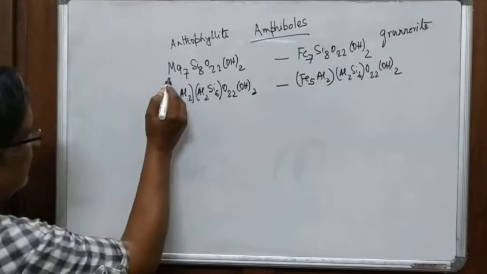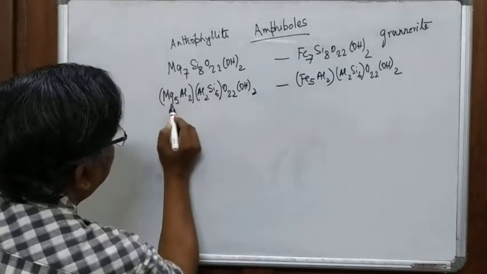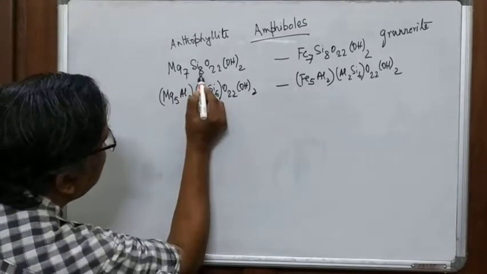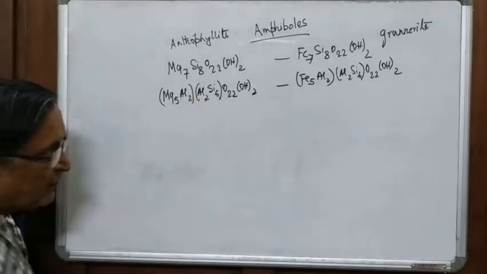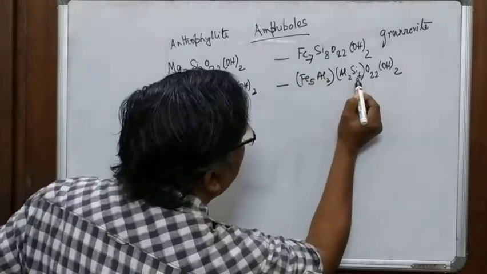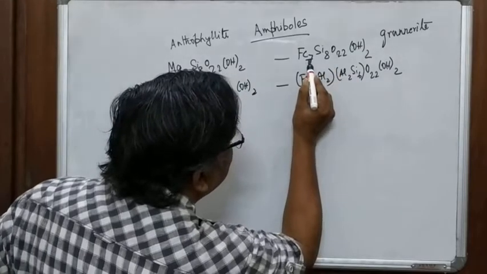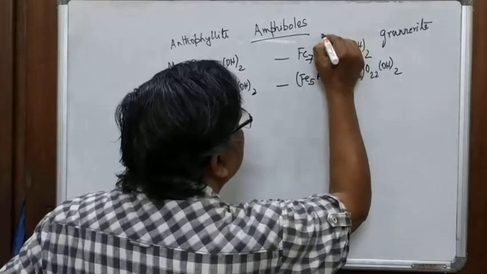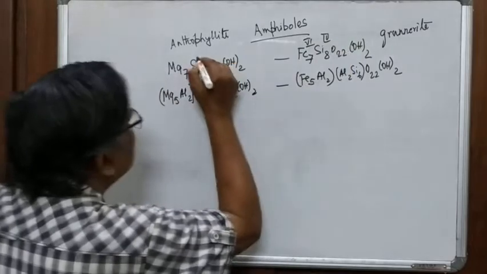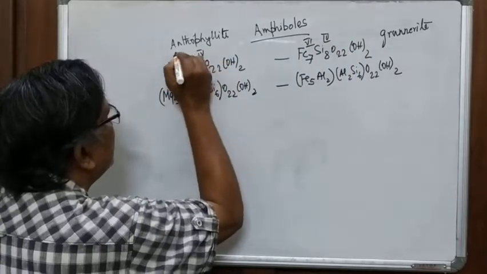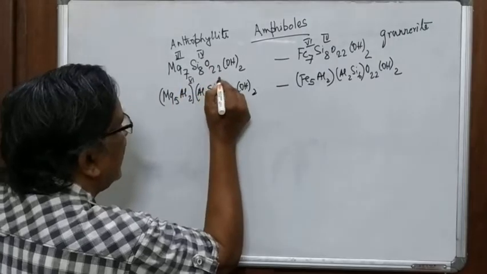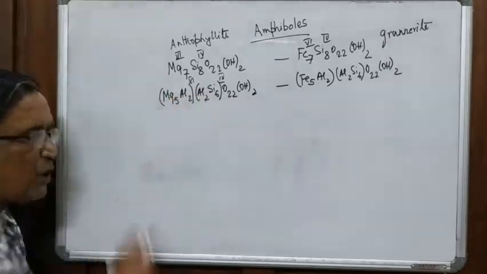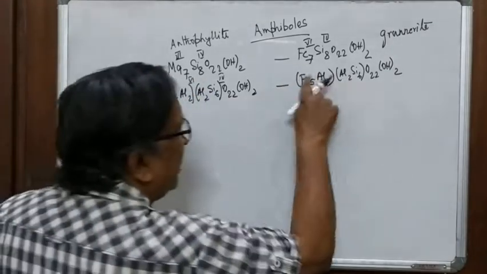Here it's Mg7, there it's Mg5. On this side, it's 2 plus 6, 8, and this is 5 plus 2, 7. Here also, 6 plus 2, 8, here it's silicon. So Fe7, Mg5 and Al2. What happens here is, this is the tetrahedral site, and this is the octahedral site. So there are 8 tetrahedral sites and 7 octahedral sites. And here you have identical.